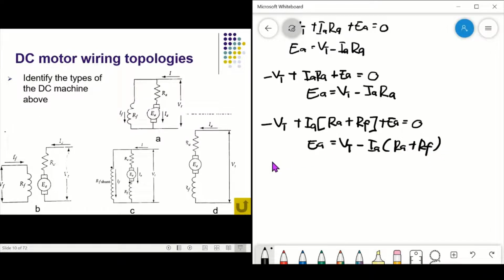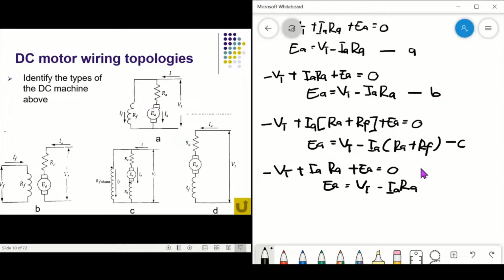And the last one is the series DC motor: minus VT plus IA RA plus EA equal to 0. So EA equal to VT minus IA RA.